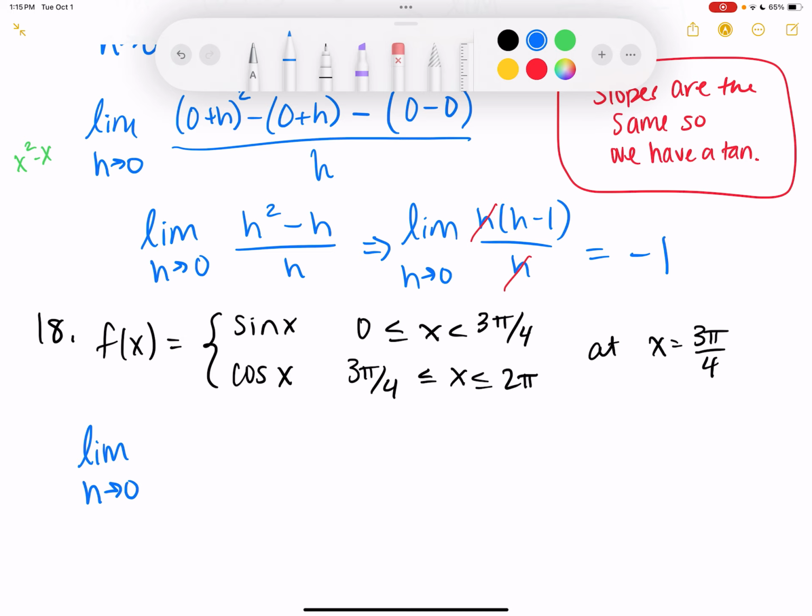So it is the sine of 3 pi over 4 plus h minus the sine of 3 pi over 4, all over h.